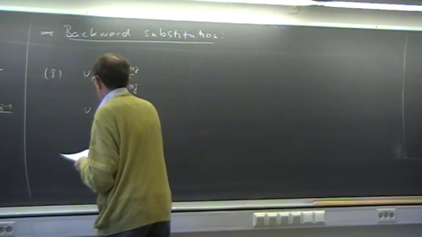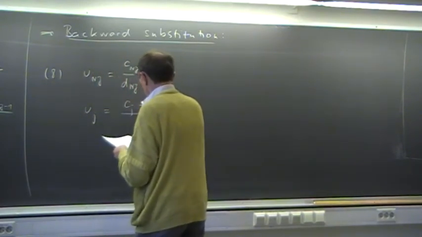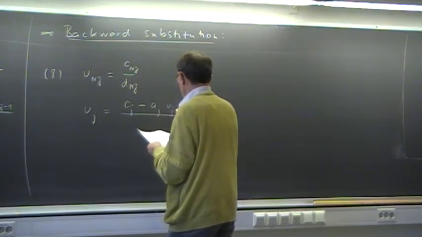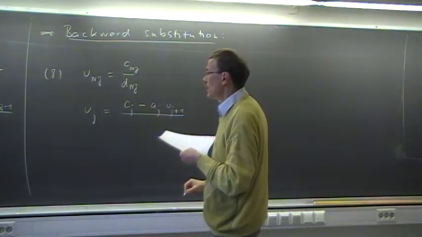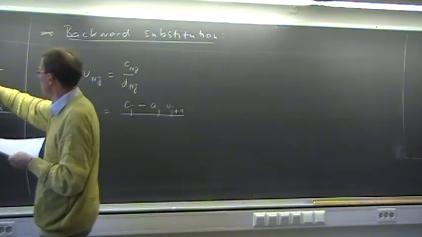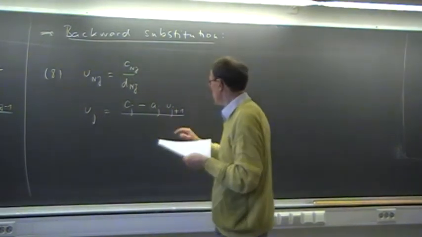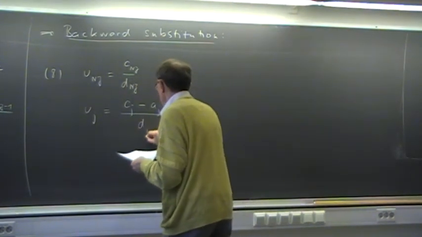They are the Uj equal to the Cj minus the Aj times the Uj plus 1, divided by the Dj.